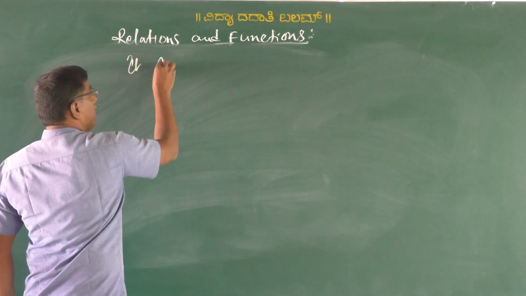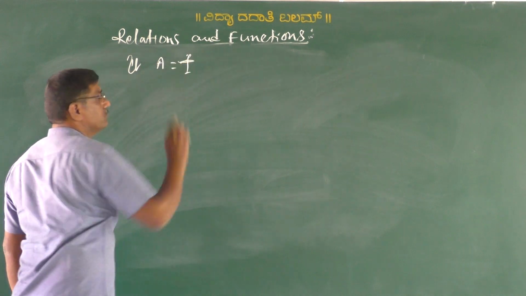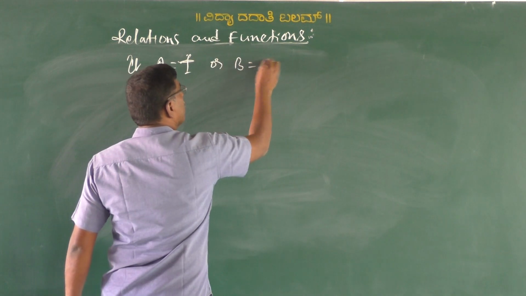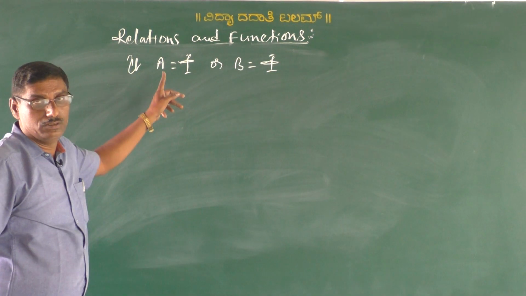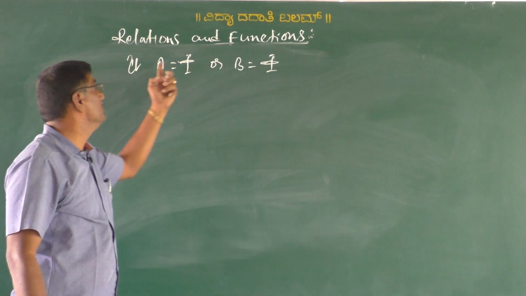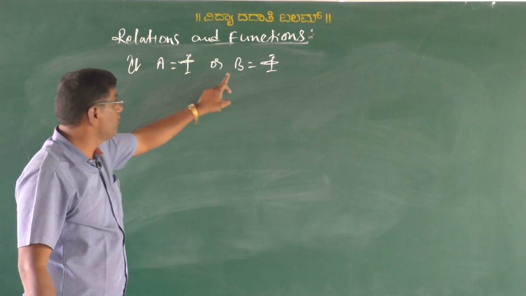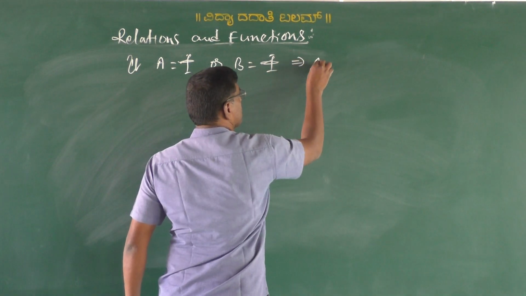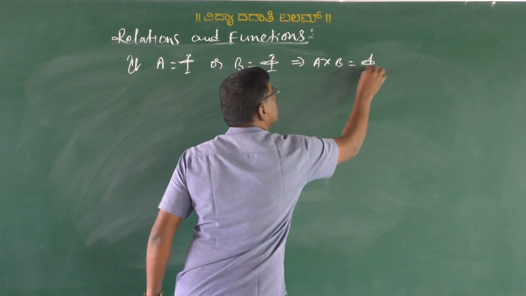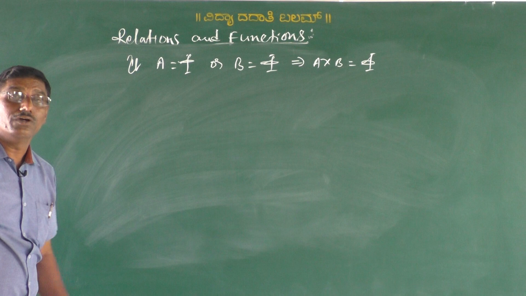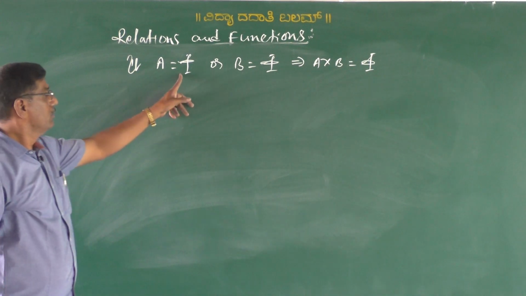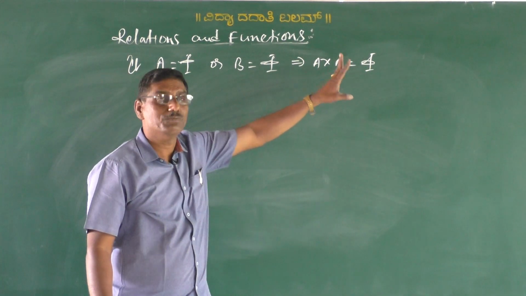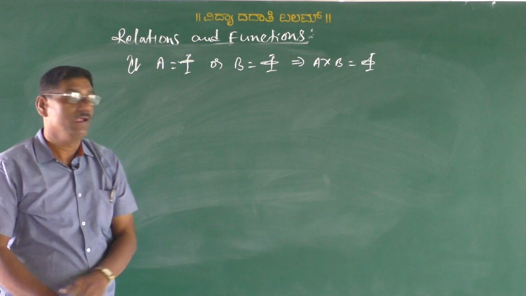If a set A is empty, or B is equal to empty, then what about the Cartesian product of these two sets? The Cartesian product of these two sets is also empty. That means A cross B is also empty. That means if any one of the sets is empty, then their cross product is also empty.